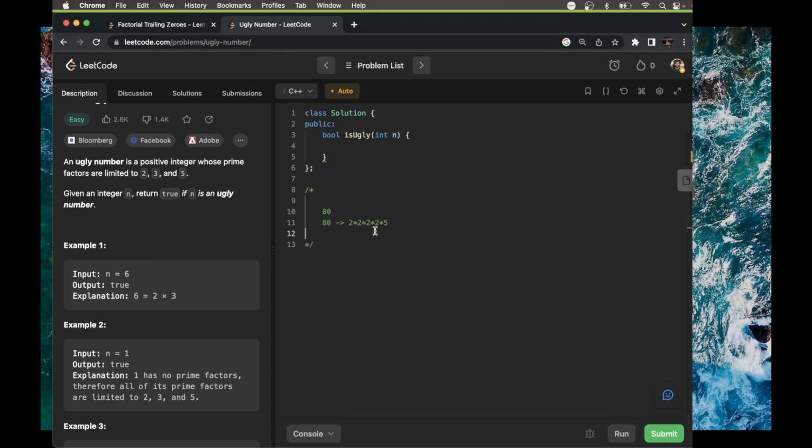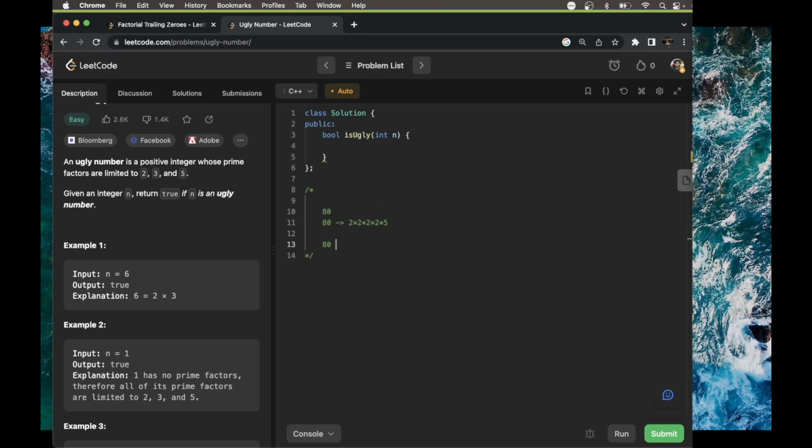Right? So what I'm trying to say is, if you want to check whether the prime factors of a particular number are only 2, 3, or 5, with some occurrences of 2, 3, or 5 only, nothing more, nothing less, what I can do is try to divide the given number as many times as possible by 2.